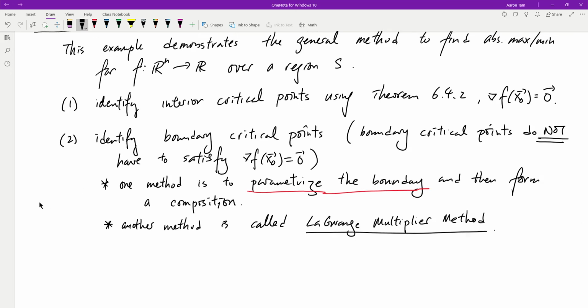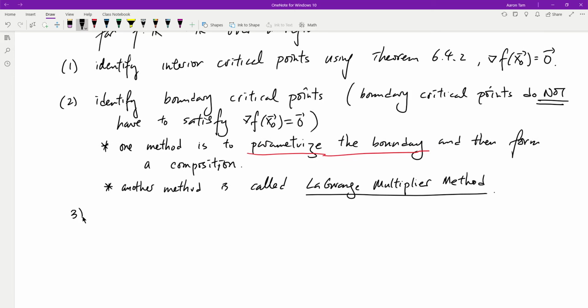And finally, once you identify all the critical points, what you simply do is use a table to compare the function values.